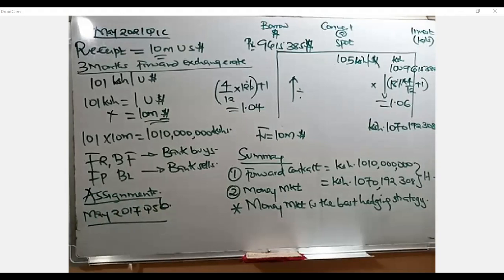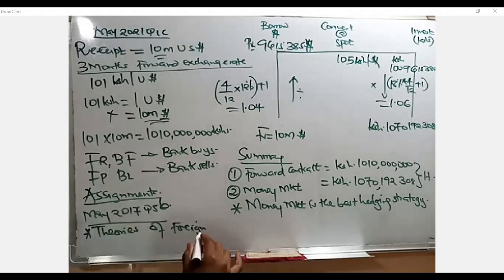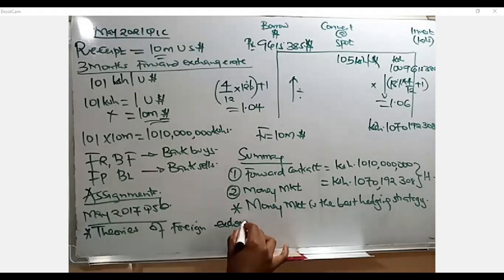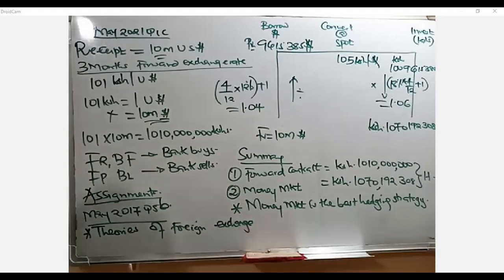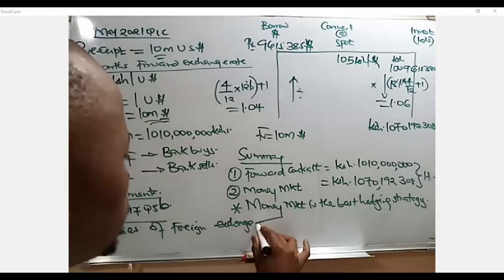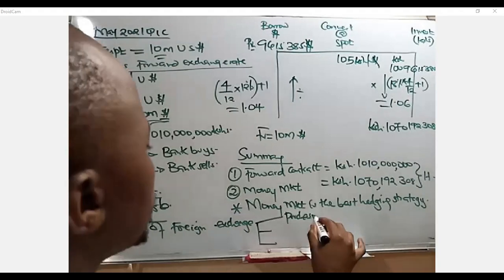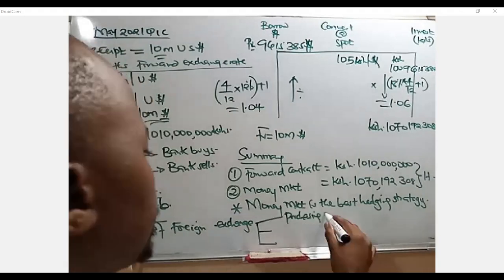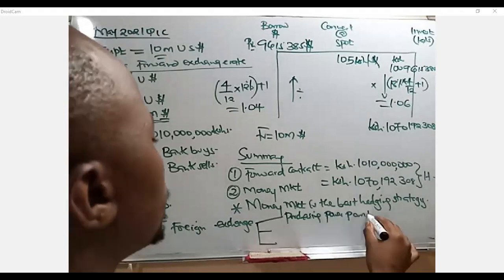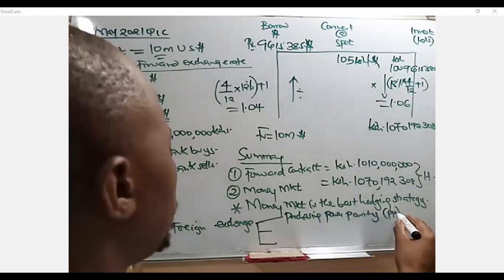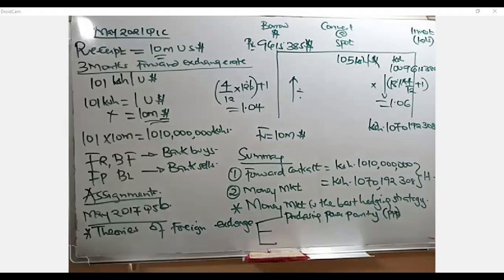Then when we meet next, we are going to be looking at 2 things. I'm going to be looking at the theories of foreign exchange. Here, there are always 3. We are talking about purchasing power parity, PPP.